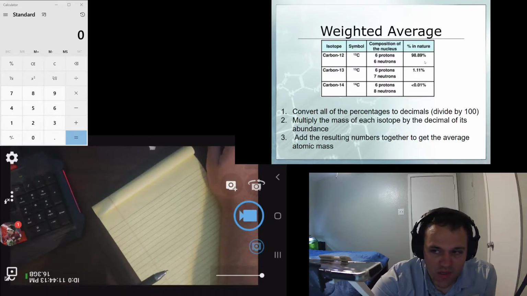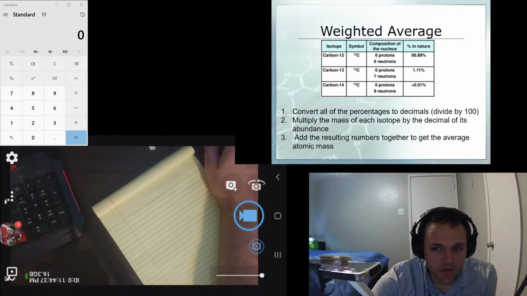And the percentage in nature, or the abundance, how much of it there is relative to the other isotopes, in this case is 98.89%. So pretty much all of it is carbon 12. Carbon 13, you can see 1.11%, and then carbon 14 is the rarest at less than 0.01%.